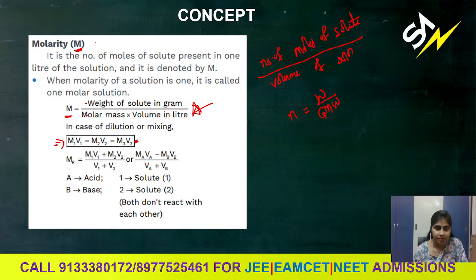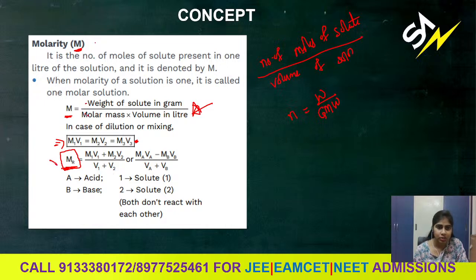You can see here, if there are 2 solutions and we need the molarity of the resulting solution, then what do we do? We add M1V1 plus M2V2, divided by the sum of the volumes, that is V1 plus V2.